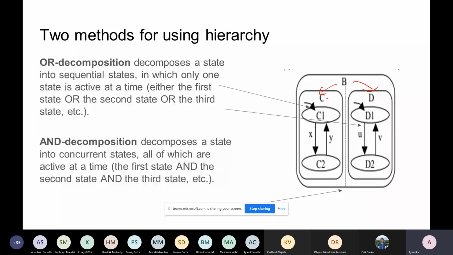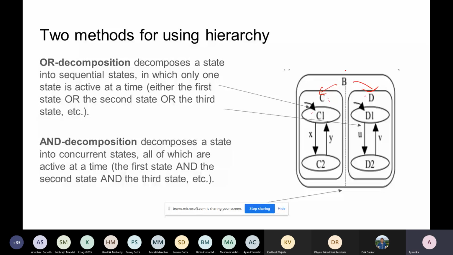Now if we see C and D, the relation between the states C1 and C2 and the relation between C and D are not the same. Why? Here C and D are concurrent states.